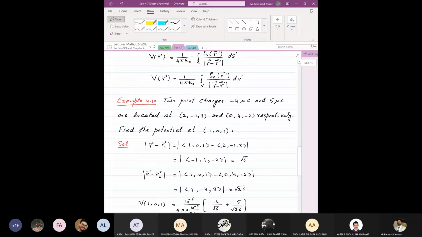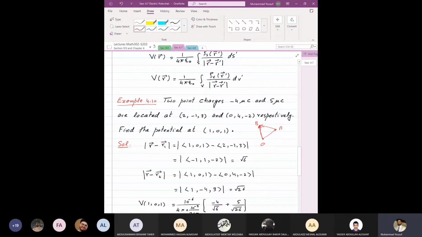Let me show you. For example, this is the origin, and here is one point, here is another point. This is point A, this is point B. This is the position vector of A, and this is the position vector of B. Then what is the position vector from A to B?